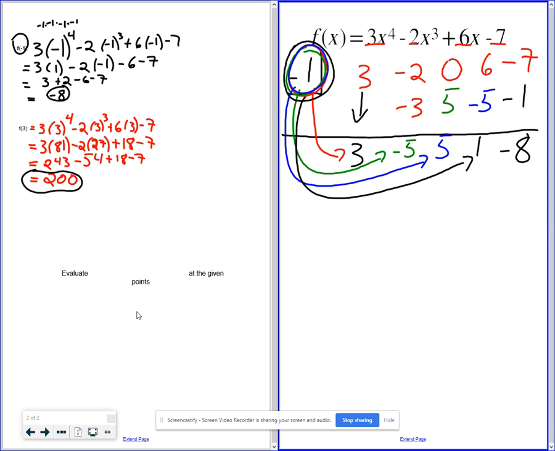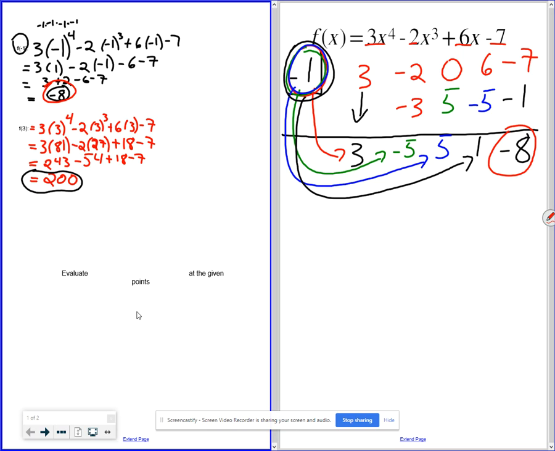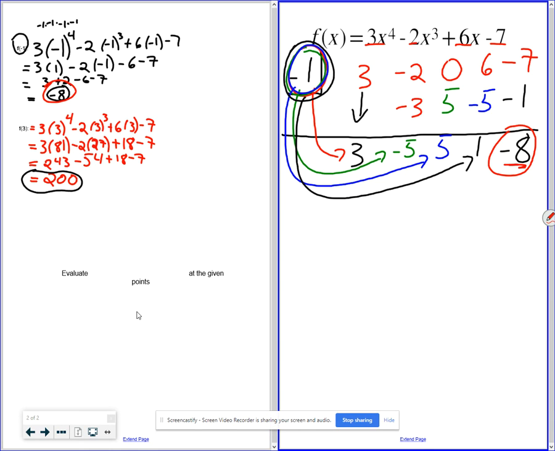And what do you notice about this -8 right here? That's what we got when we plugged in our -1 for all our x's before. So this -8 and this -8 over here match. So we can use this method of synthetic substitution to find the value at that given point, and that value will be the remainder.